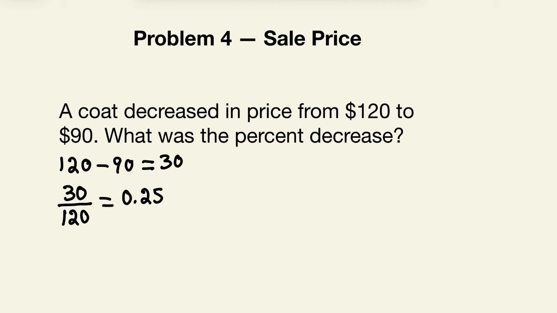For the third step, what are you going to do? Well, we have 0.25. We need to convert that decimal number into a percent by multiplying by 100. 0.25 times 100 simply equals 25%.